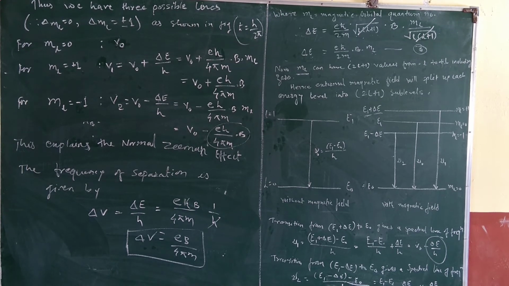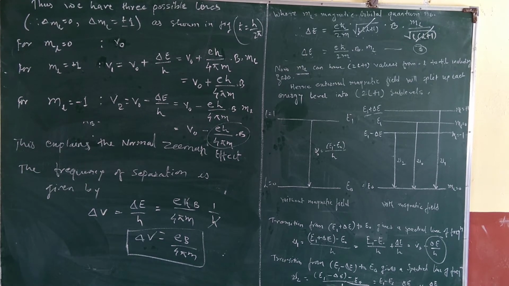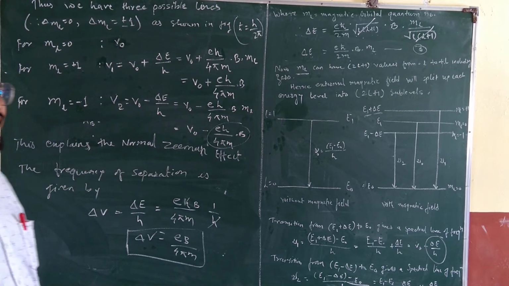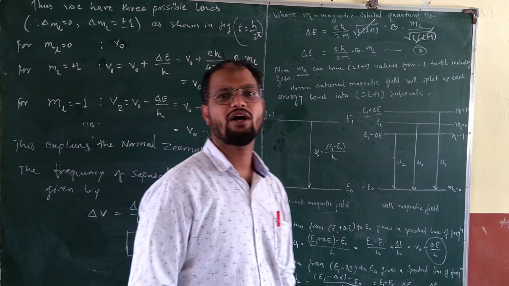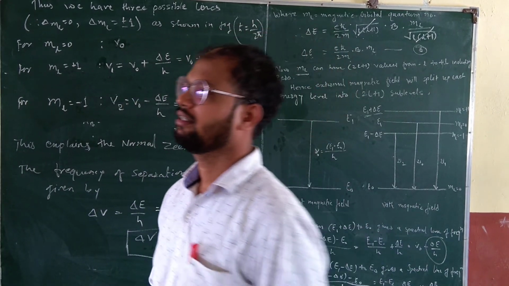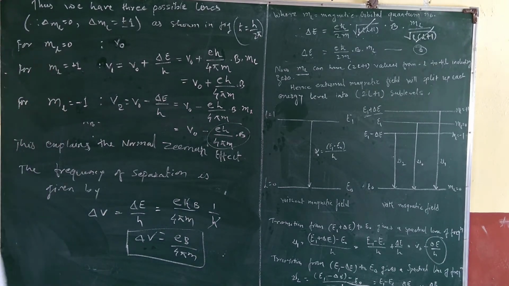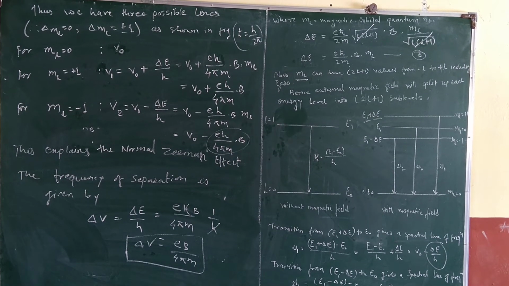What is mu L? That is the magnetic moment due to orbital motion, which is represented by mu L. That is, mu L is equal to e upon twice m into capital L. So putting the value of the orbital angular momentum L, we get mu L is equal to e h cross upon twice m under root of l(l+1).